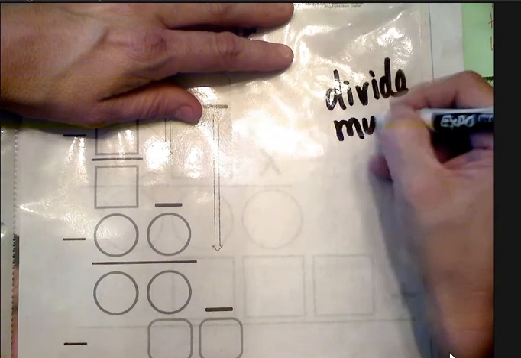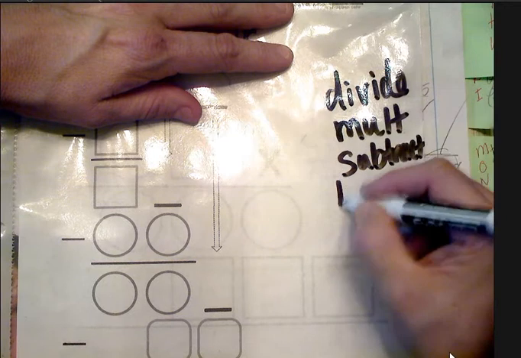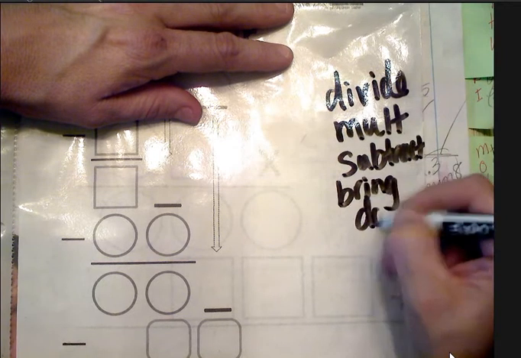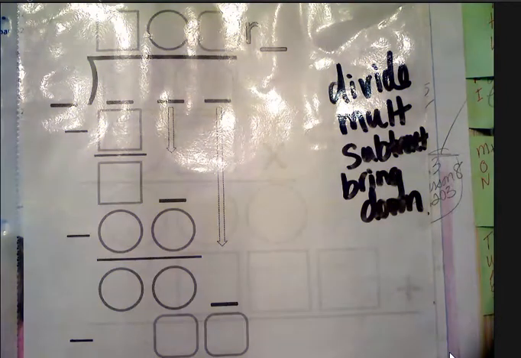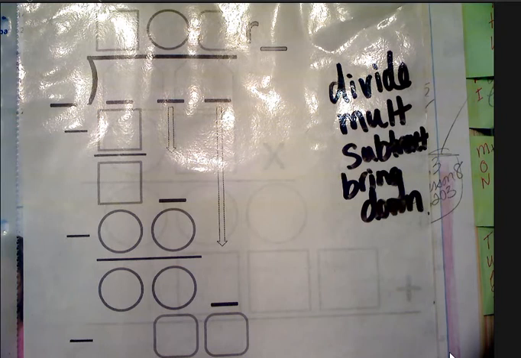Whenever I do long division, I think it's important to write that down every time so that you don't forget the steps. Even as an adult, sometimes I think, okay, what do I do first? So it's helpful to write down those steps, especially if you're going to be doing a lot of them on your paper, so you don't lose track. Okay, let's jump into number 8.